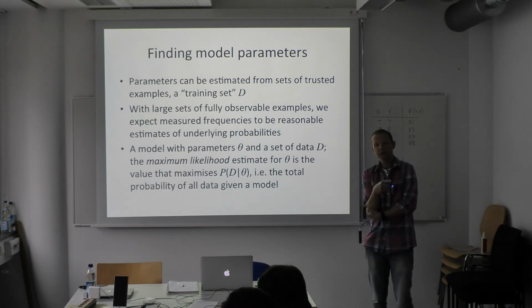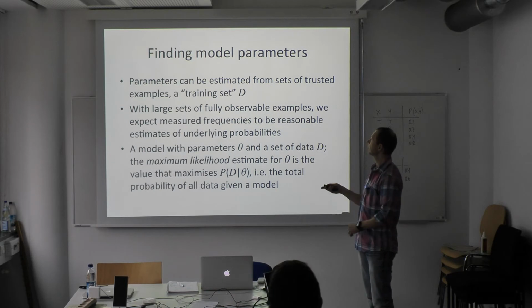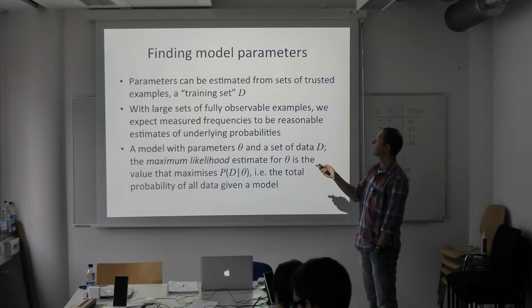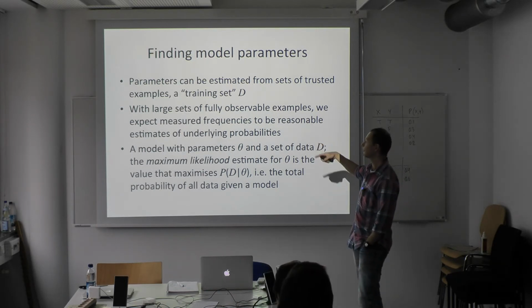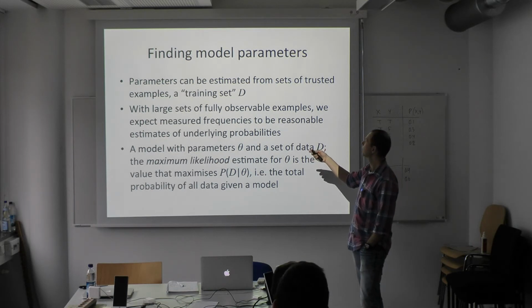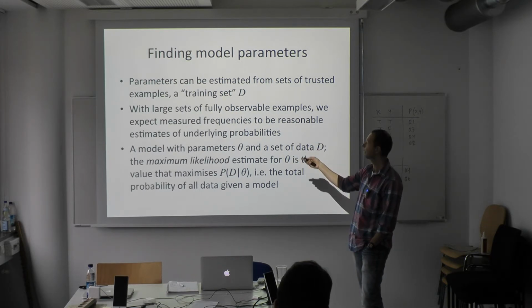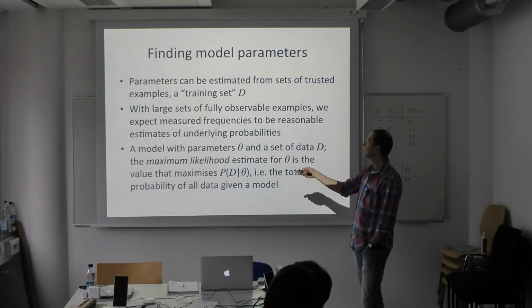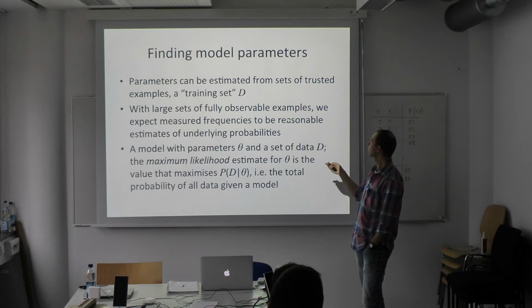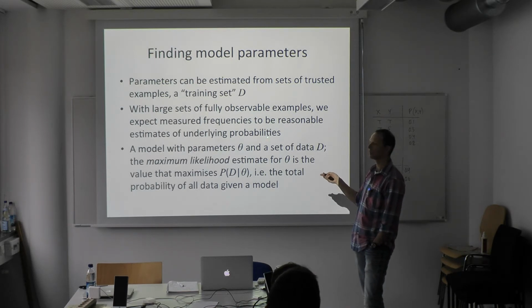And since you've seen some machine learning previously, you probably recognize some of the philosophy behind how we're going to use a training set, so a D. We think that our parameters can be estimated from this training set. And with a big set of these, we expect the measured frequencies to be reasonable estimates of the underlying probability.